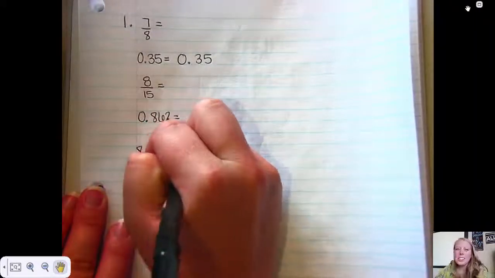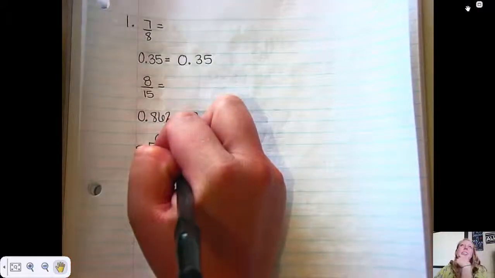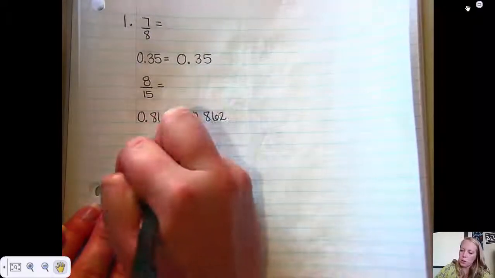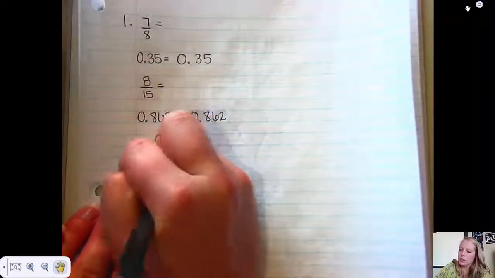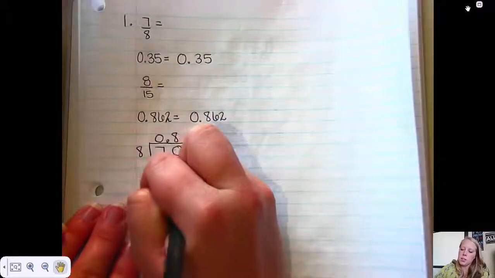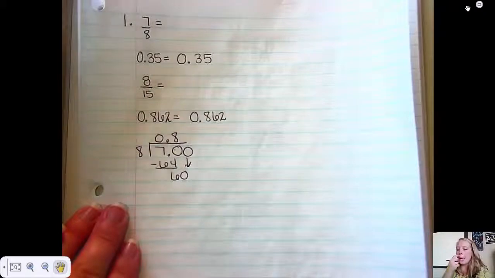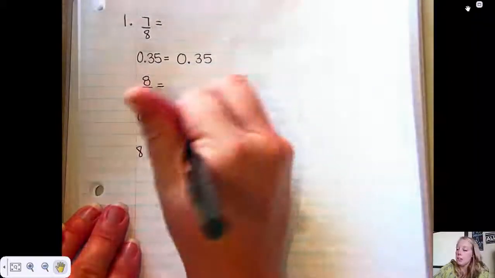How many 8s go into 7? 0. 8 will go into 70. Let's see. 9 times 8 is 72. 8 times 8 is 64. That'll work. 70 minus 64 is 6. Drop down your 0. 8 will go into 60.